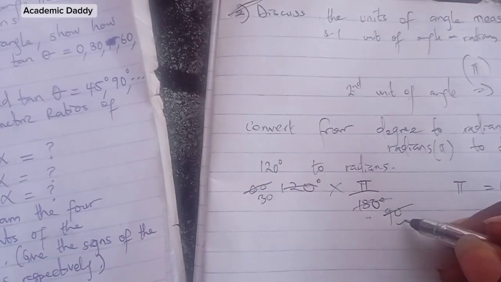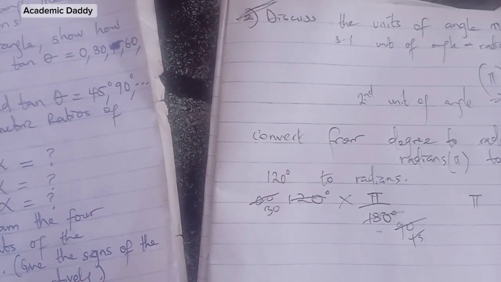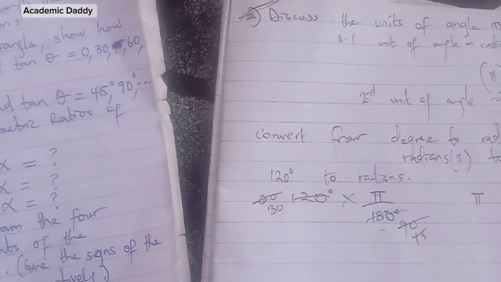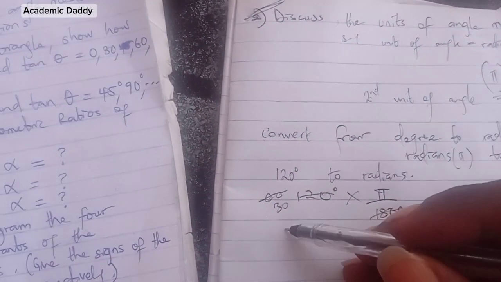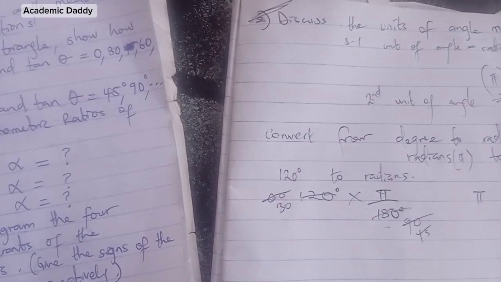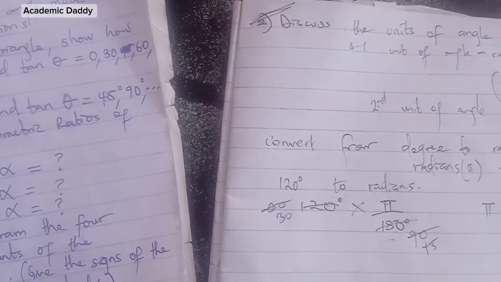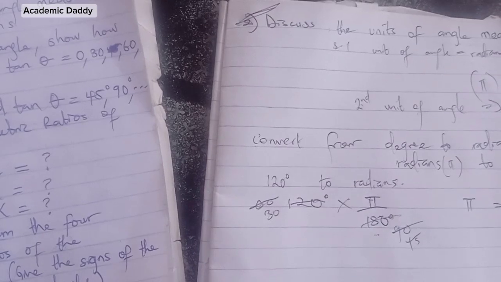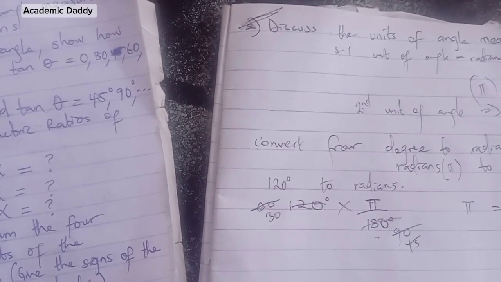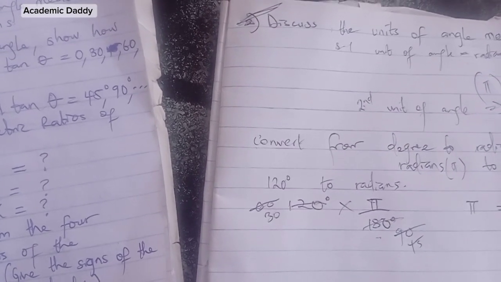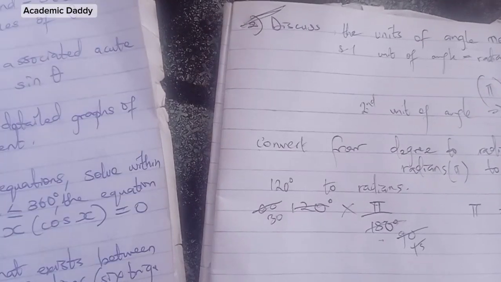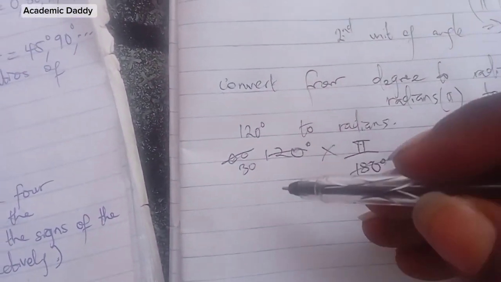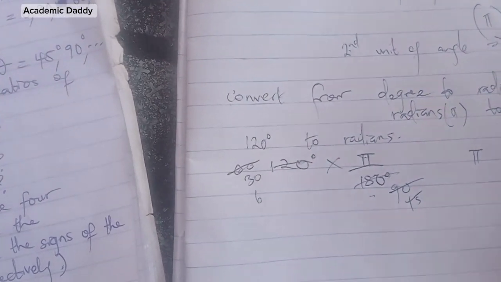If I divide by 2 here, I get 45. If 5 goes into 30, I'll get 6.